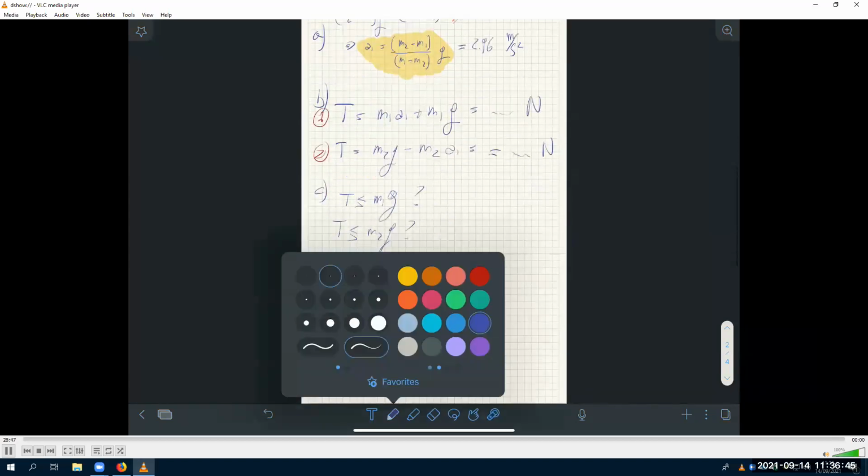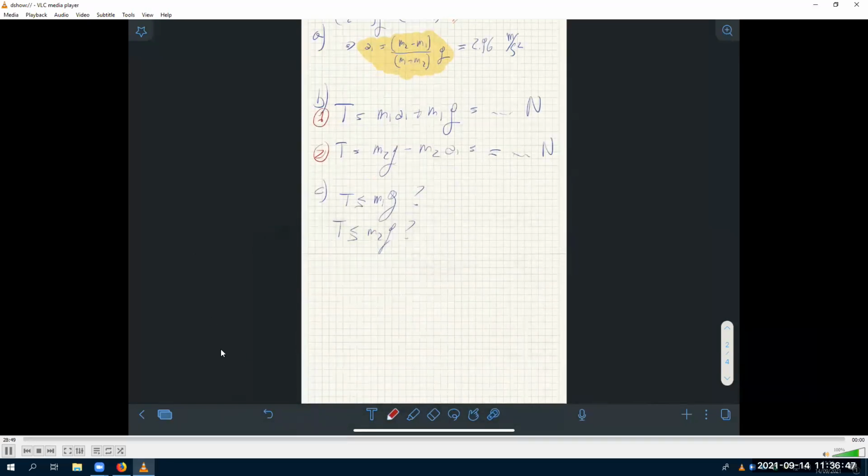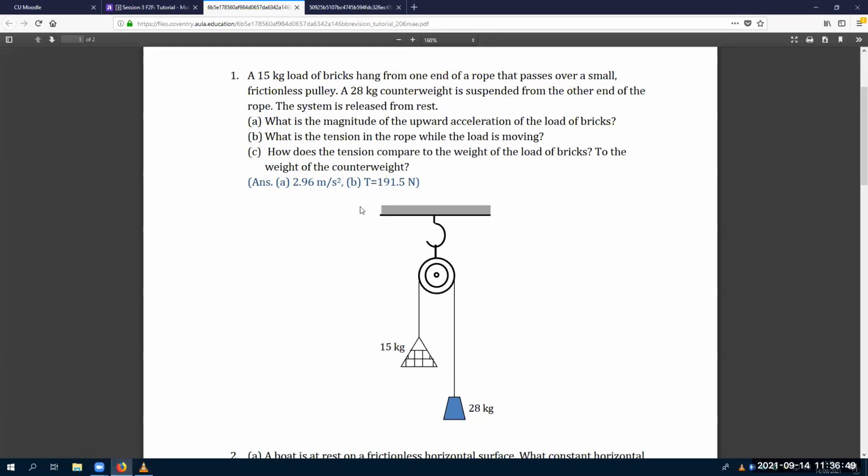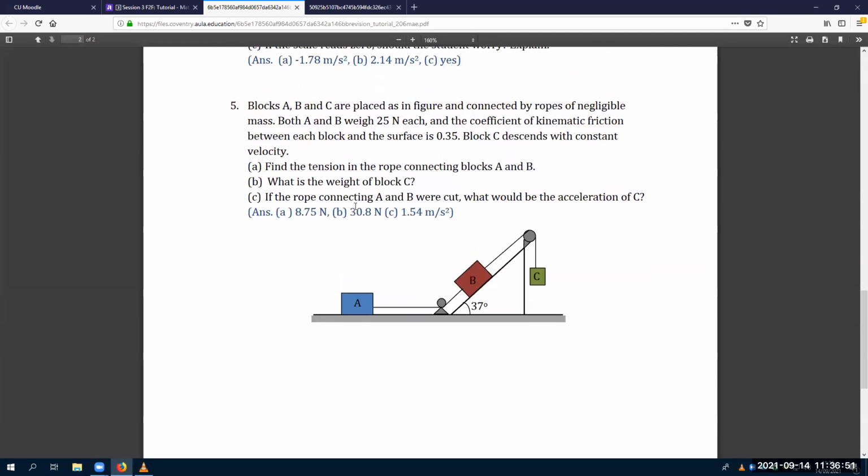All right, let's do directly problem number 5 on this same sheet, which is much more complicated. And I ask you, how many free body diagrams do we need here and how many kinematic relationships? While I draw this on the screen. So how many free body diagrams?